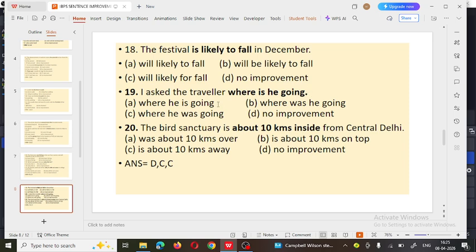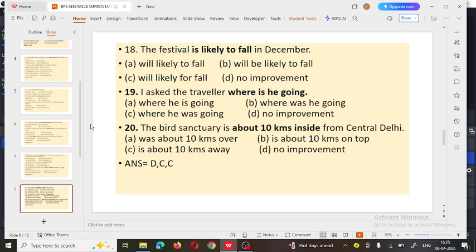When the sentence is changed into indirect speech, where is used as a conjunction. Are you going is changed to is he going, but it must be changed into the past tense, so was he going. But it should be in assertive form, so he was going, and full stop.